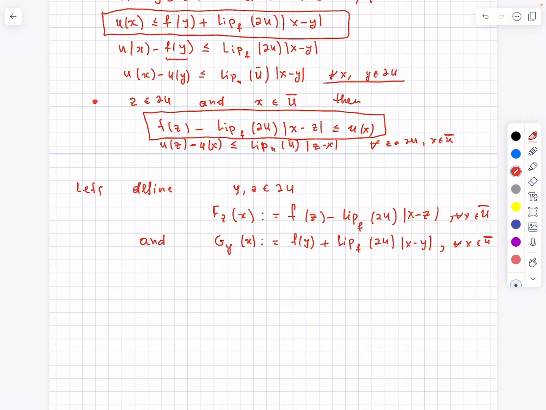Now we prove that f_z(x) and g_y(x) are Lipschitz functions, Lipschitz continuous.